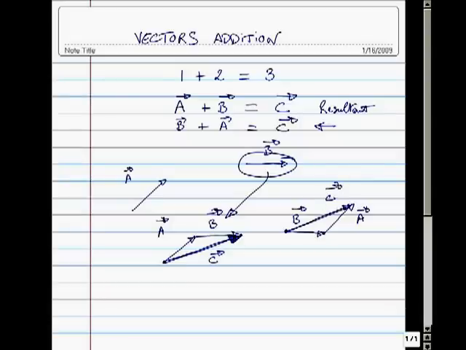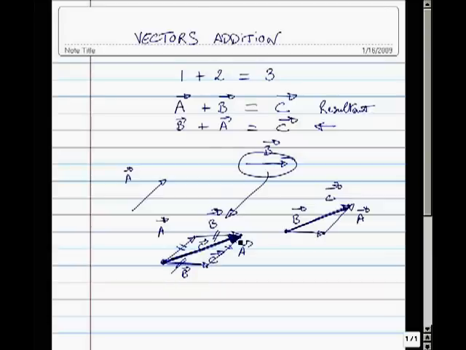And obviously this vector C is the same as this vector C. We could see it right away by completing the parallelogram, where this vector B is the same as this vector B and this vector A is the same as this vector A. So you could go from this point to this point using vector C, or using vector A and then vector B, or by using vector B to which you add vector A.